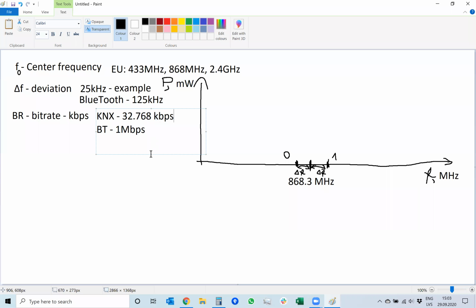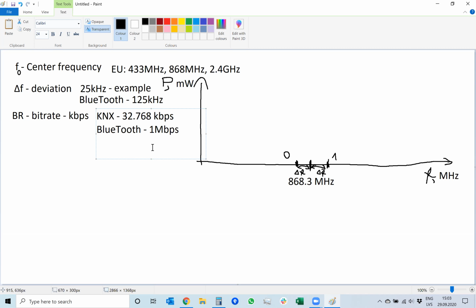Bluetooth is optimized for speed, so it has high bitrate, 1 megabit per second. The newest versions of Bluetooth even have 2 megabits per second, so Bluetooth is fast. Other networks like Z-Wave can, for example, have a bitrate of 50 kilobits per second or 14 kilobits per second, something like that.